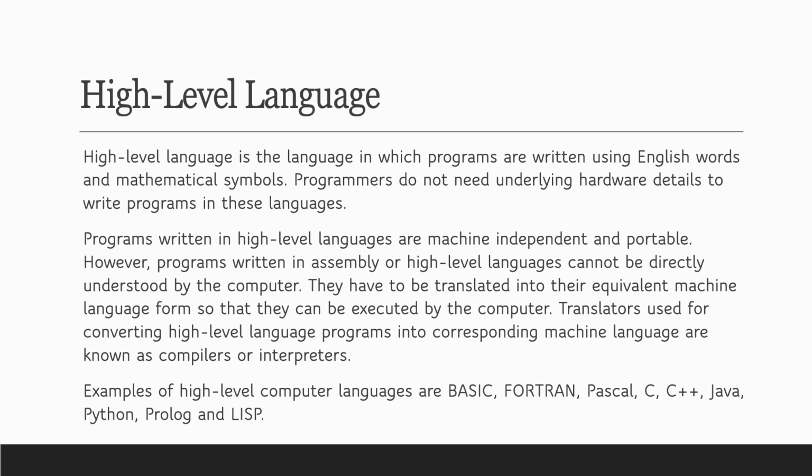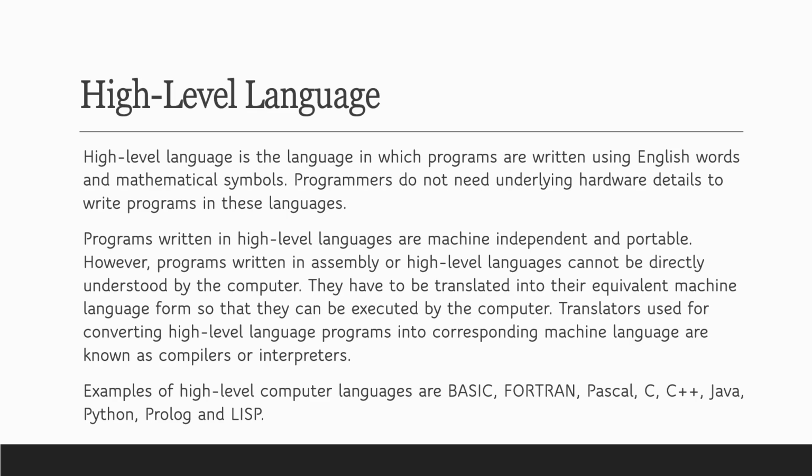Over time, many high level languages have been developed. Some early ones include BASIC, Fortran, and Pascal, while modern ones include C, C++, Java, Python, Prolog, and Lisp.